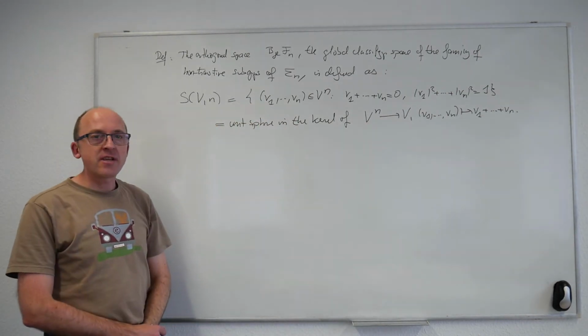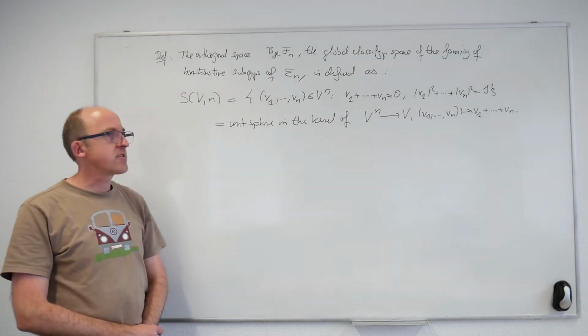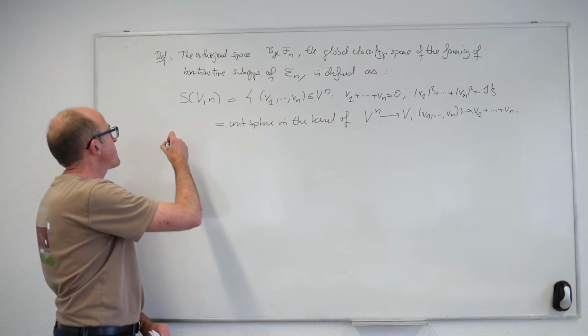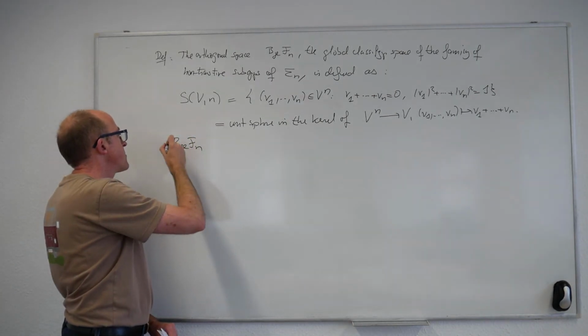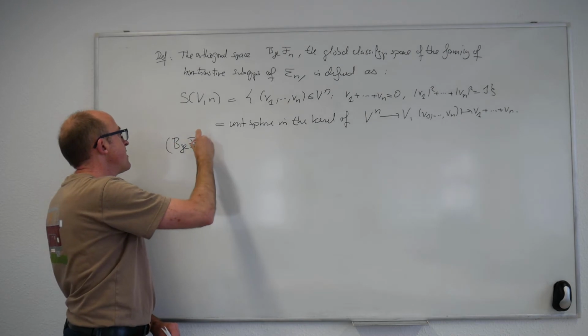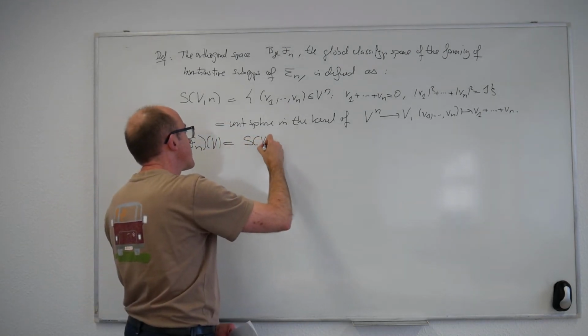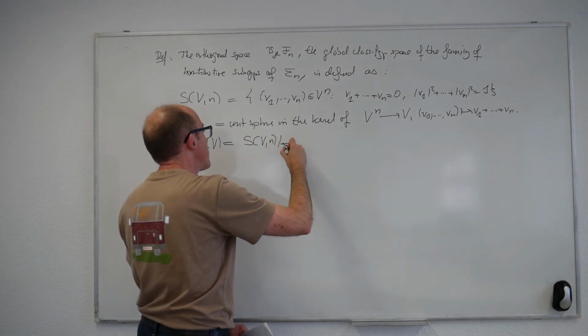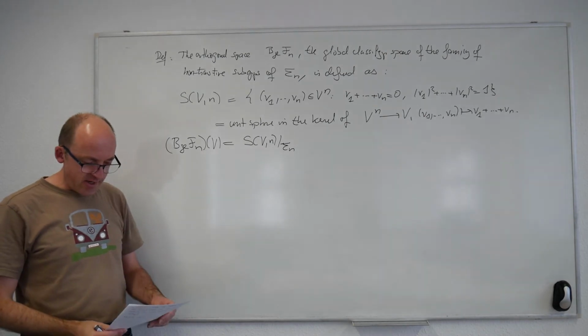Because the Sigma_n action is compatible with stabilizing under linear isometric embeddings, we can pass to the quotient spaces, and now we can define the orthogonal space that we really want to study, B_gl F_n, whose value at V is simply the orbit space S(V,n) modulo Sigma_n, with the same kind of functoriality in linear isometric embeddings.